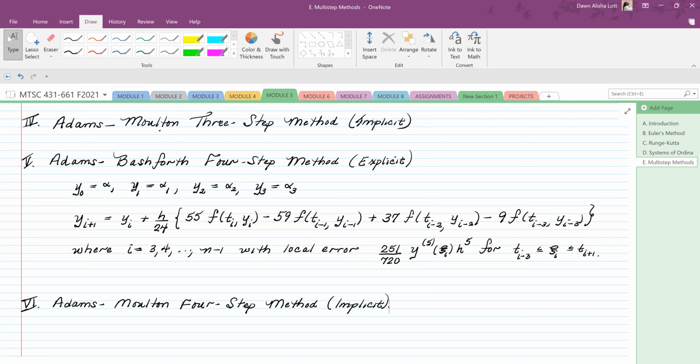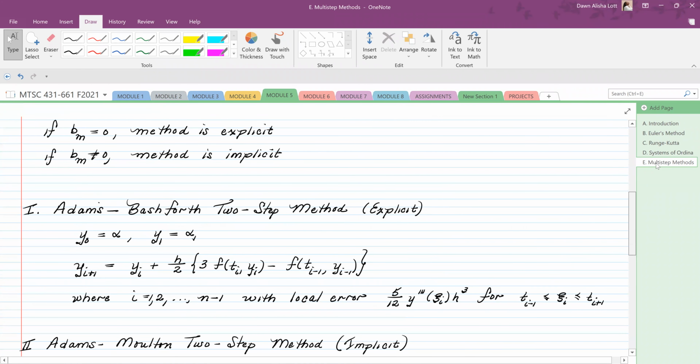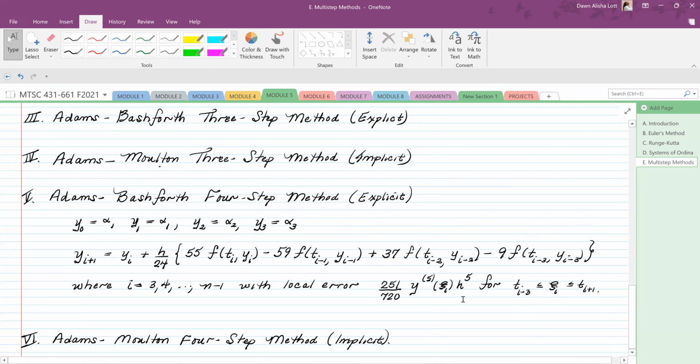I can't go through the derivation. So let's talk briefly about the predictor-corrector method. As you can see, the error for these is really good. Once you go into higher step methods, the error gets really nice.